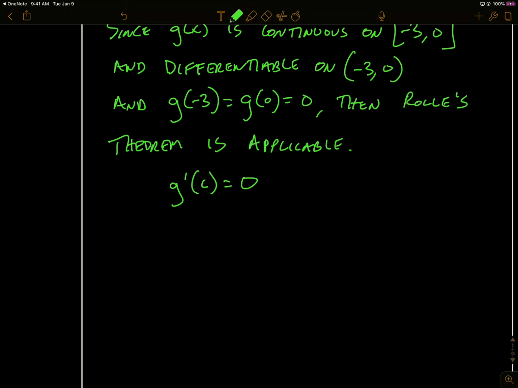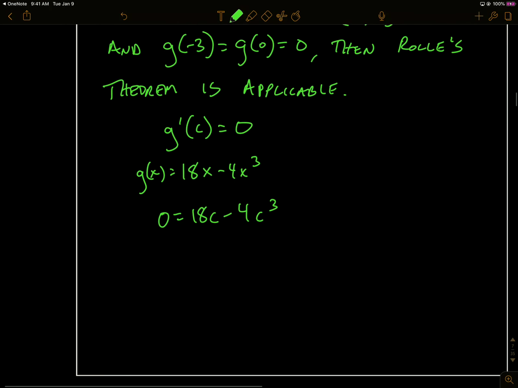So we're going to start by taking the derivative of g. So g prime of x is 18x minus 4x cubed. And we're going to say that there is some c. Since they talk about c, we'll use c's instead of x's, where it's equal to 0. So 18c minus 4c cubed equals 0. How do we solve that? We're looking to factor. I can factor out a 2c. So I get 2c times 9 minus 2c squared equals 0.